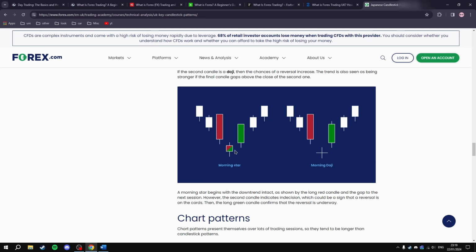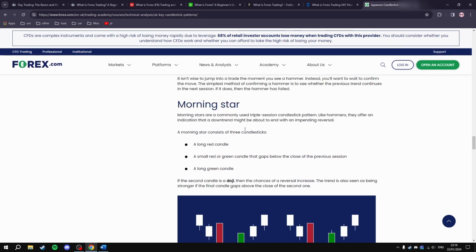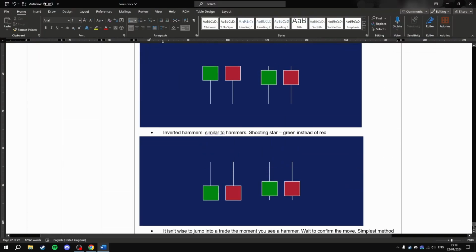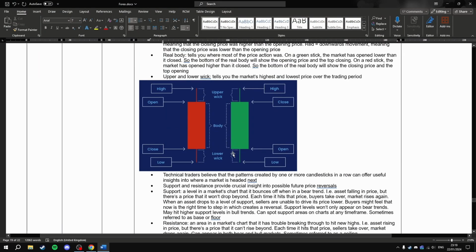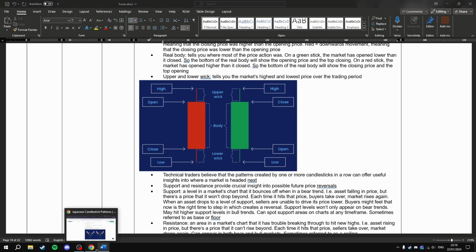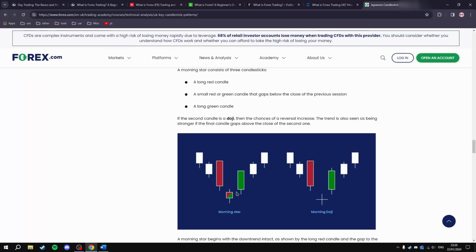So aka, if it's a green candle, then its opening price is higher than the previous opening or closing price.